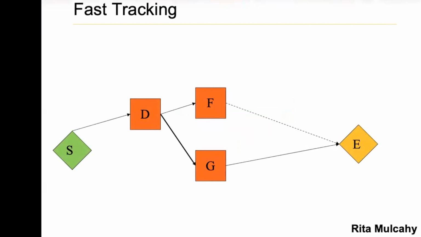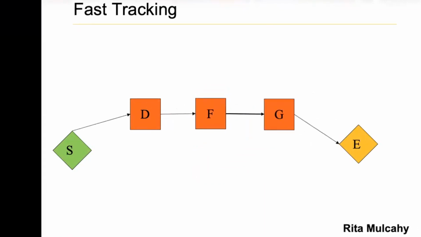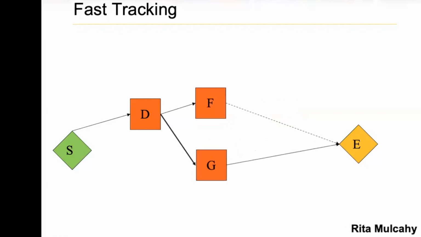We reach E, which is the destination, the delivery, earlier, right? In the previous one, F needed to wait for D, and G needed the completion of F. But in this picture, when you are done with D, F and G start, and hopefully they work and are done in parallel, and that's why the project completes earlier.